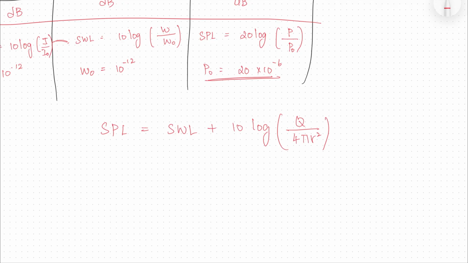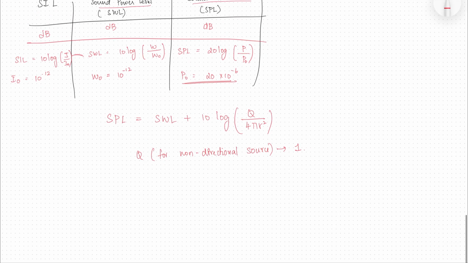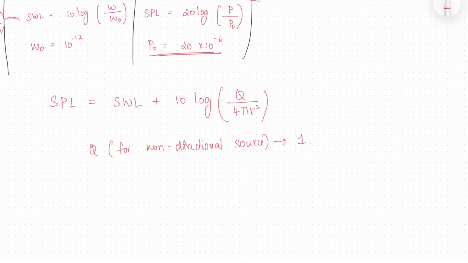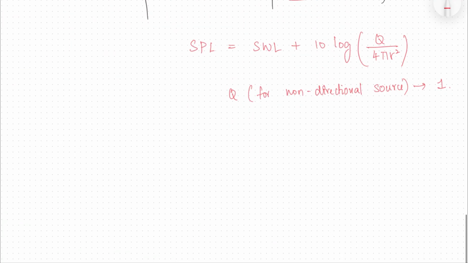And Q for non-directional sources is 1. Okay, so this is the formula. We'll solve a sum from this towards the end. So these are the sound pressure level formulas.